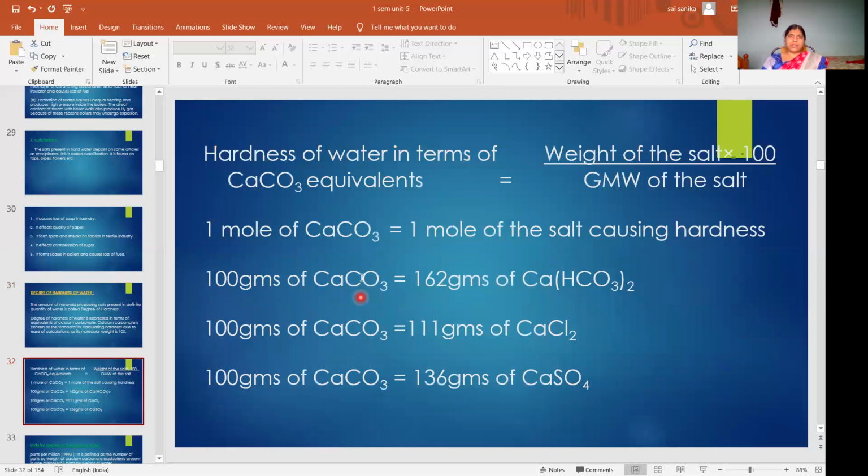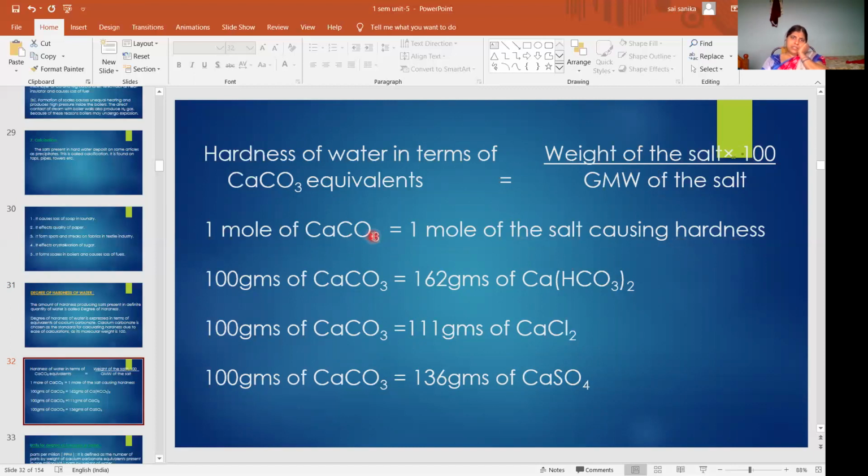What is the formula for hardness of water in terms of CaCO3 equivalents? Weight of the salt divided by gram molecular weight of salt, into 100. Whatever the salt weight divided by gram molecular weight, into 100, you will get the hardness present in the sample. So 1 mole of CaCO3 is equal to 1 mole of the salt causing hardness.